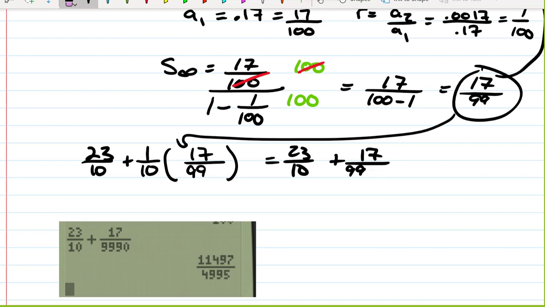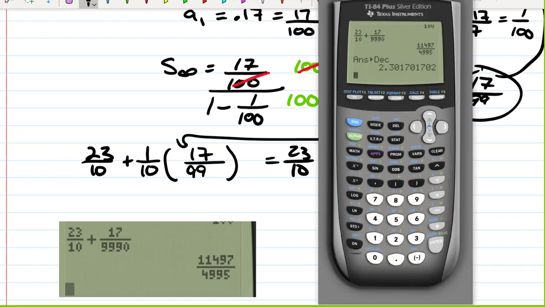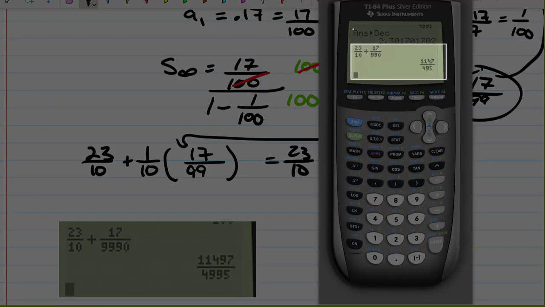So then, if we put in the correct digits and try that again, we get 1,147 over 495, which is then the actual correct solution.